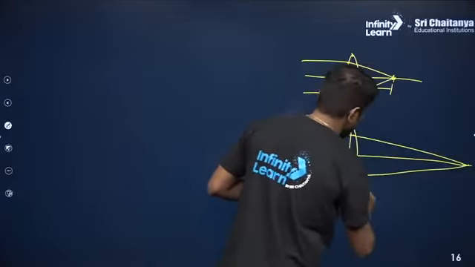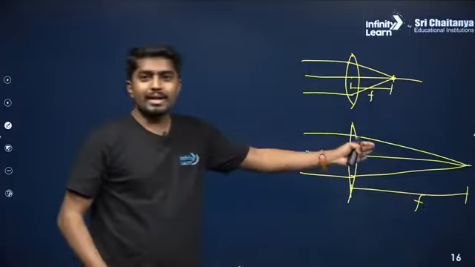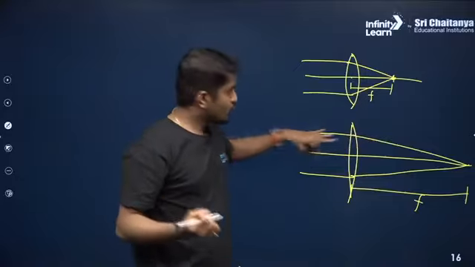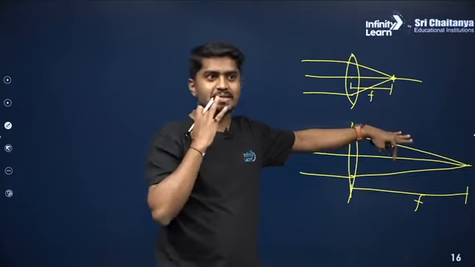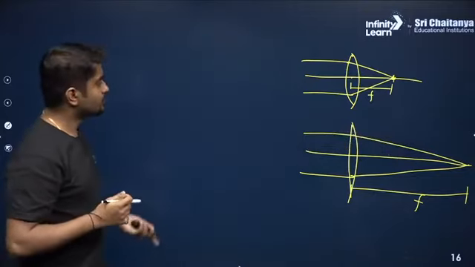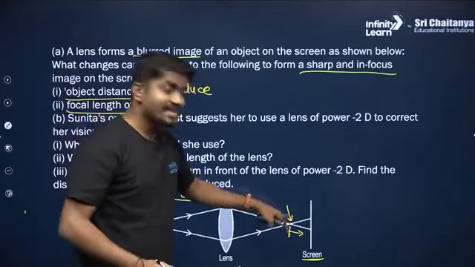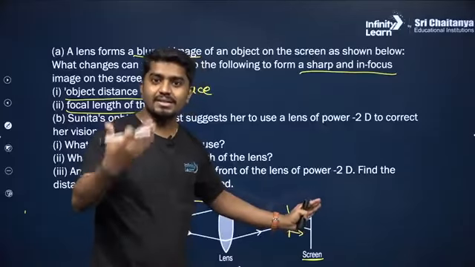So this is going to be the focal length. So larger focal length, so the convergence is lesser. So the lens will be able to converge after a long distance. Okay. So now here this convex lens is converging the rays at this point. We want the convergence to happen after a certain distance.